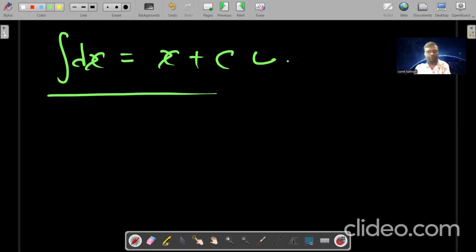This is also very important. If you integrate dx, you will get x plus integration constant c. So students, these formulae you have to remember at least. And the power formula which I gave you in the starting, that is the most useful formula in physics. You will use that power formula a number of times.